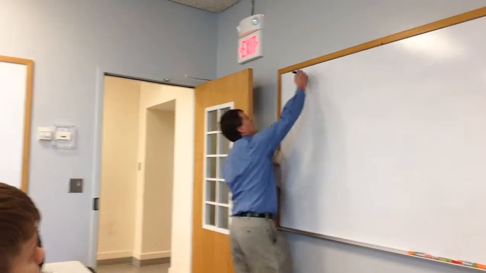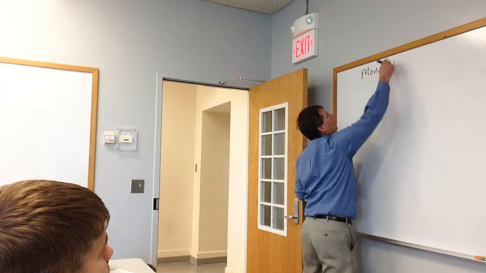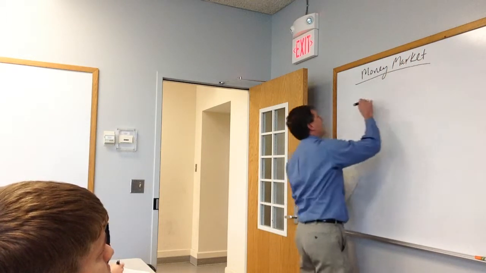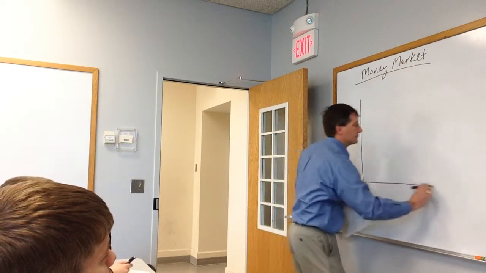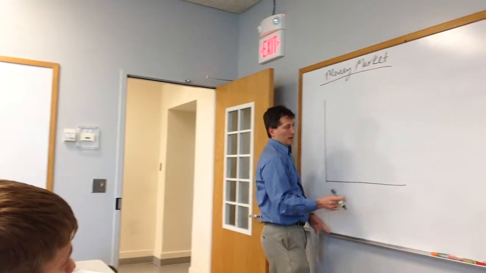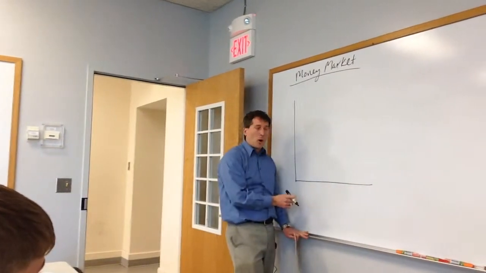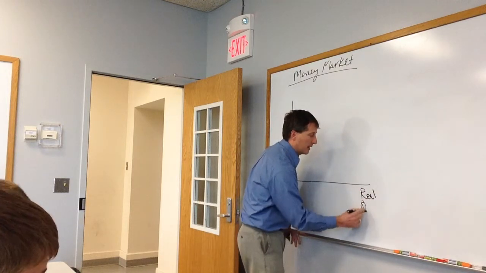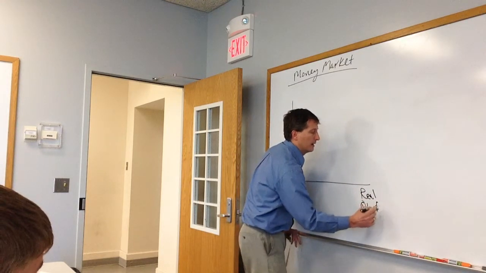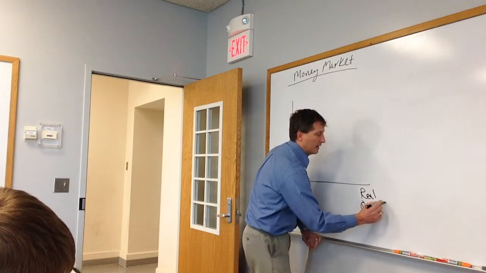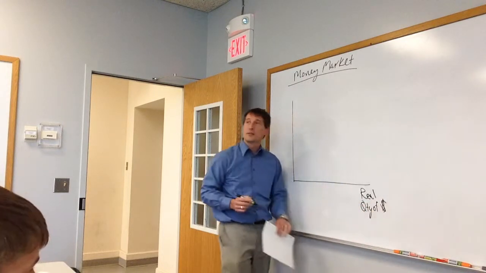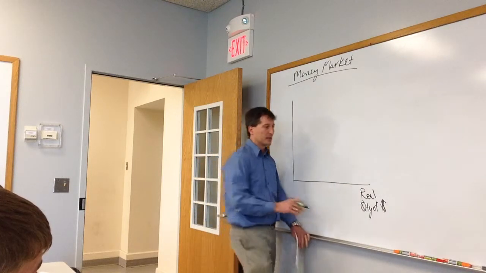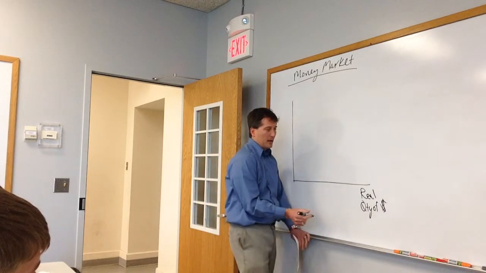So that's where we'll start off today. Kind of the supply and demand setup for the money market. On the vertical axis, we're going to be measuring the quantity of money, but it's the real quantity of money. It has been adjusted for inflation. So it's the real quantity of money.